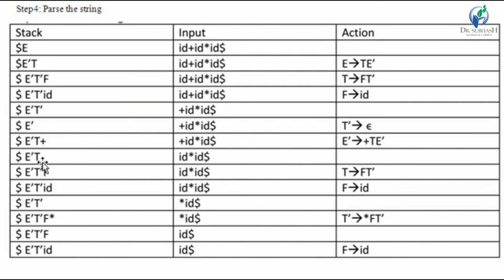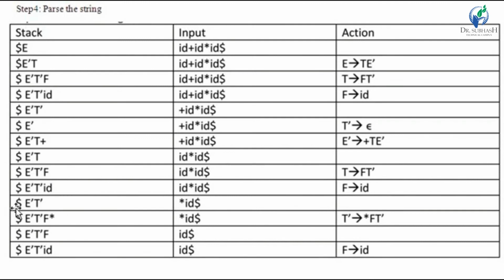Now from T to ID, can you find any production? No, you have no direct production. But you have the T to F production and the F to ID production. So T gives F T dash, and F gives ID. Here ID and ID match.